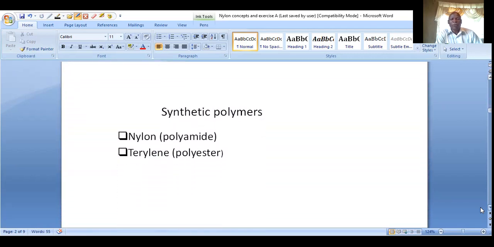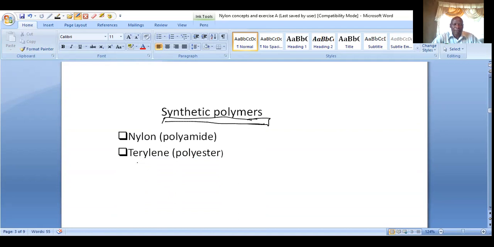So we have two different types of polymerization, but for today, we are going to concentrate on synthetic polymers. These are polymers which are not natural in nature. We make them, and therefore they are known as synthetic polymers. We have about 3 in our syllabus.